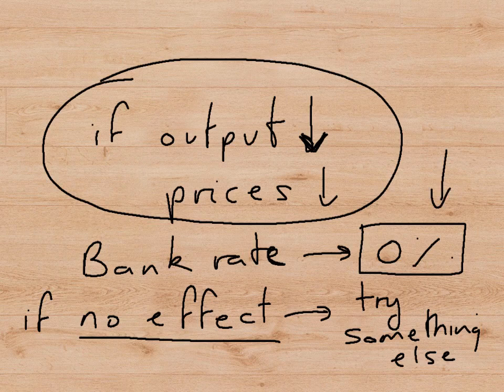So this is the worst case scenario for traditional expansionary monetary policy. Once the bank rate reaches zero, the central bank can't do anything more with the bank rate to stimulate the economy. So it has to try to think of something else.